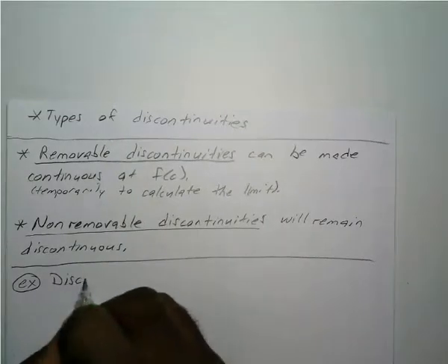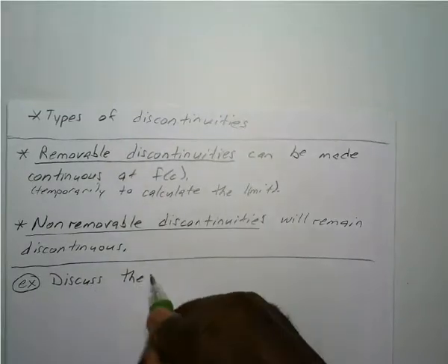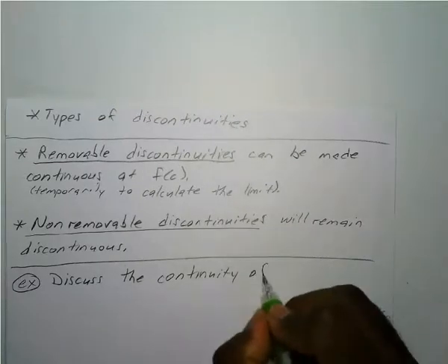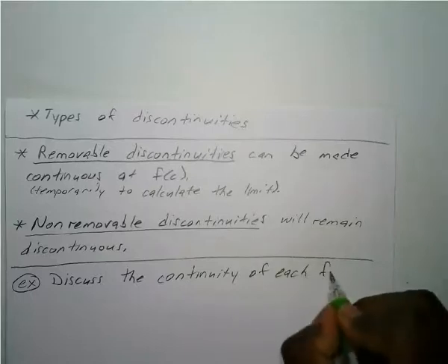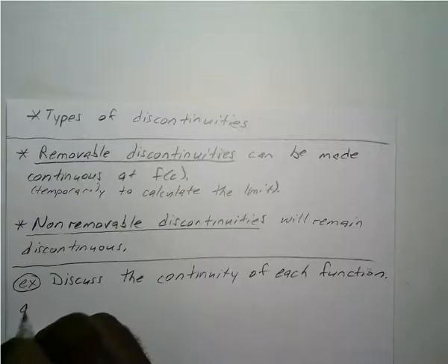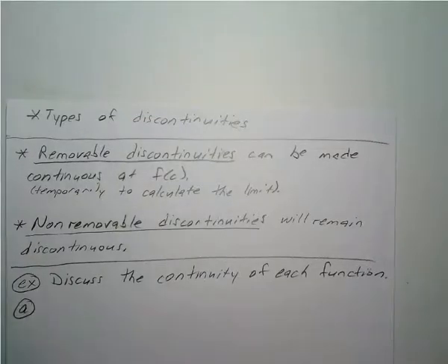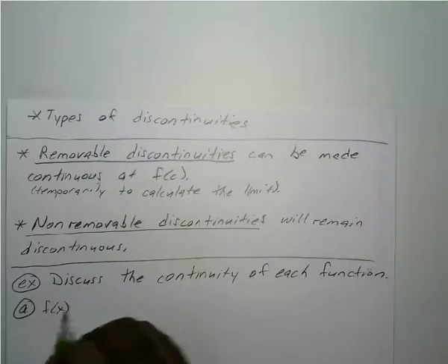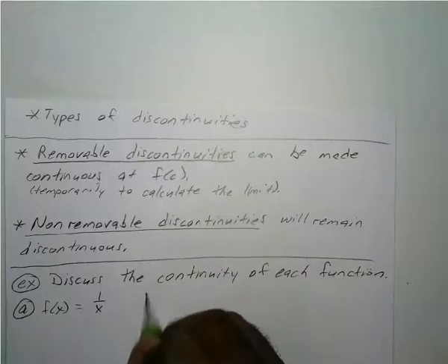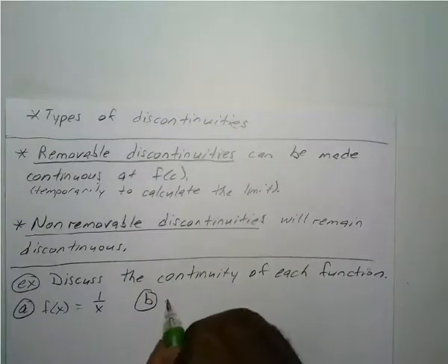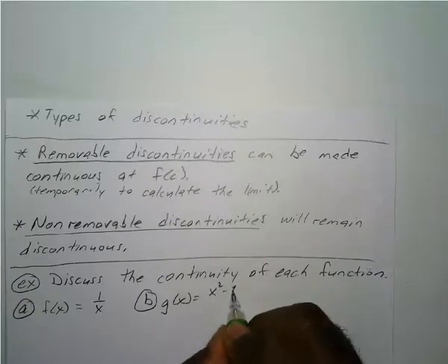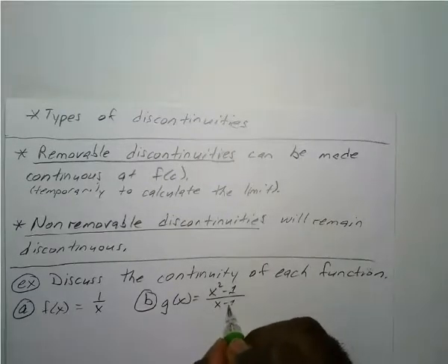So what if we discuss the continuity of each function? Okay, so for function A, we have f of x equals 1 over x. Problem B, we have g of x is equal to x squared minus 1 over x minus 1.